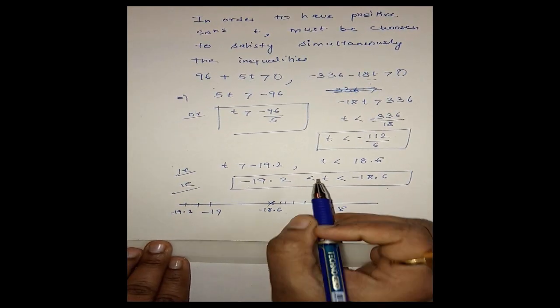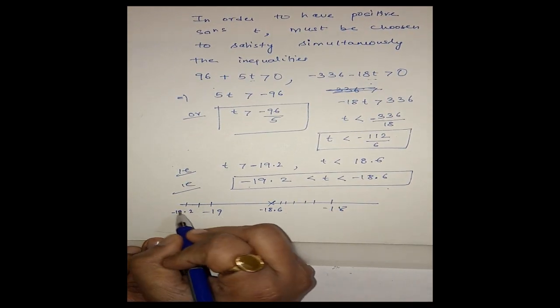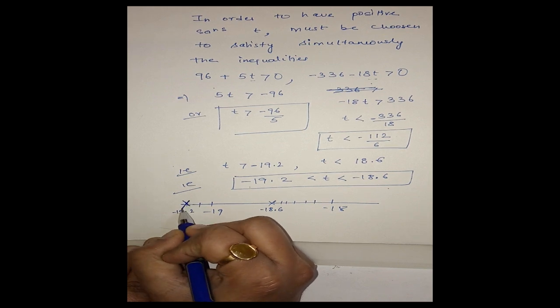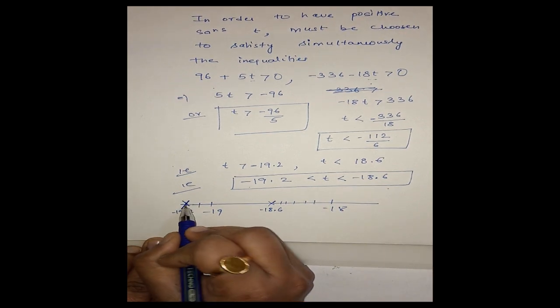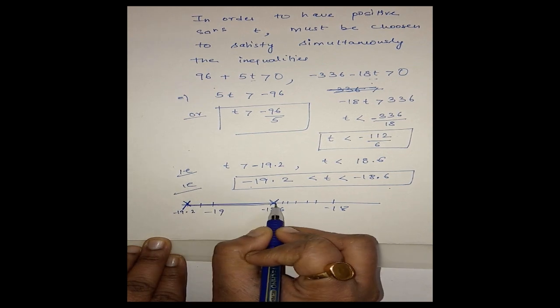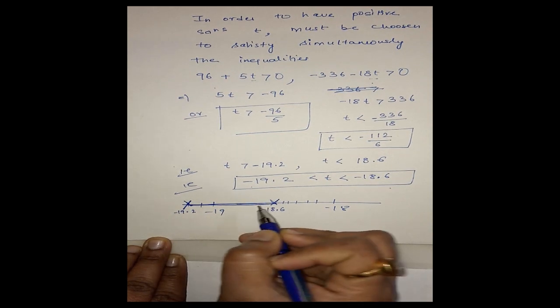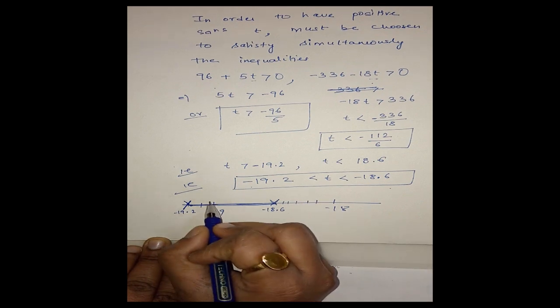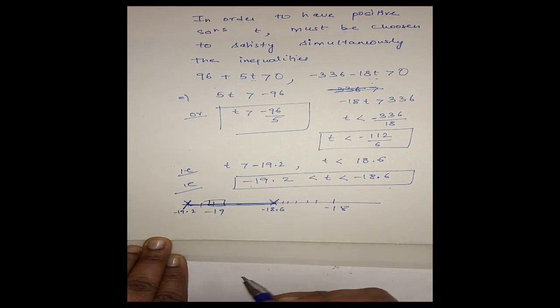We know t is an integer, so t must lie in this interval, and the only integer value of t is minus 19.